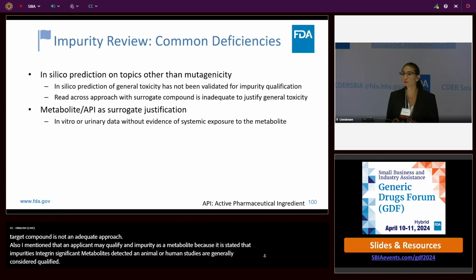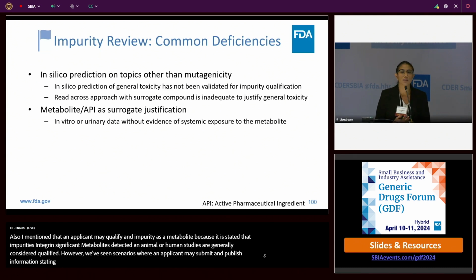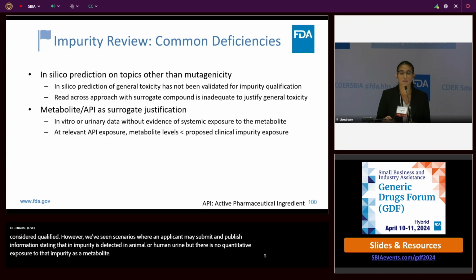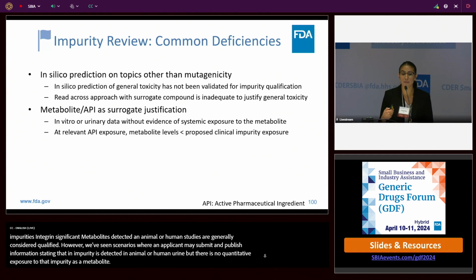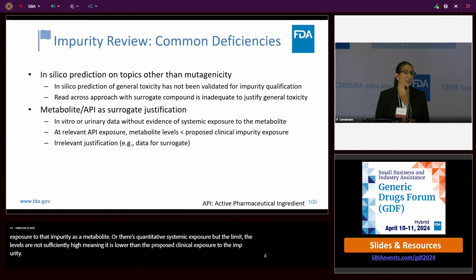However, we have seen scenarios where an applicant may submit published information stating that an impurity is detected in animal or human urine, but there's no quantitative exposure to that impurity as a metabolite. Or there's quantitative systemic exposure, but the level is not sufficiently high, meaning that it's lower than the proposed clinical exposure to the impurity. And then a third pitfall is irrelevant justification, like I mentioned, submitting data for a surrogate.